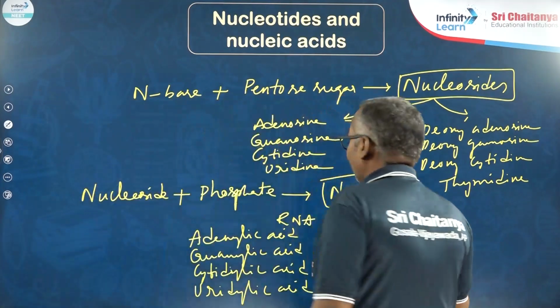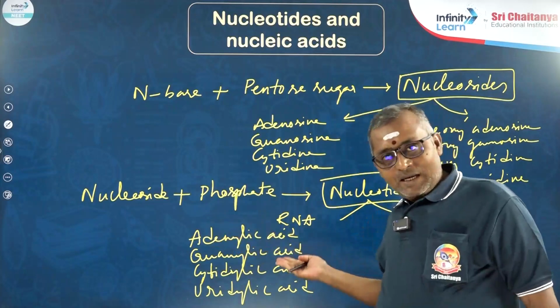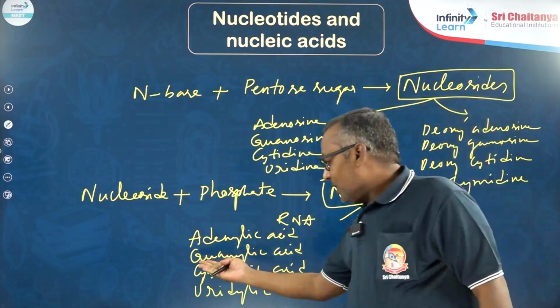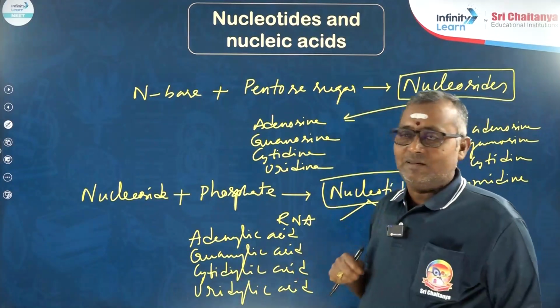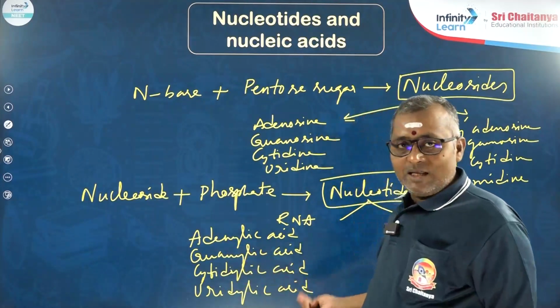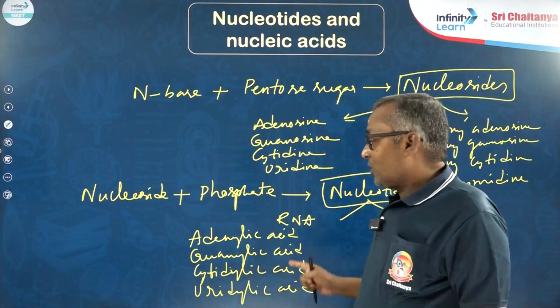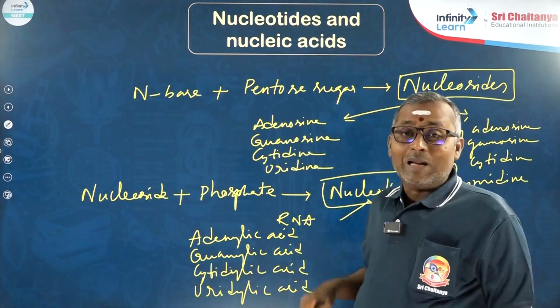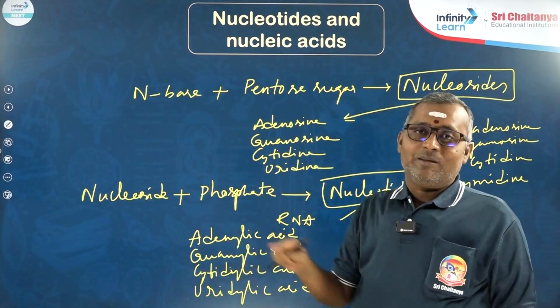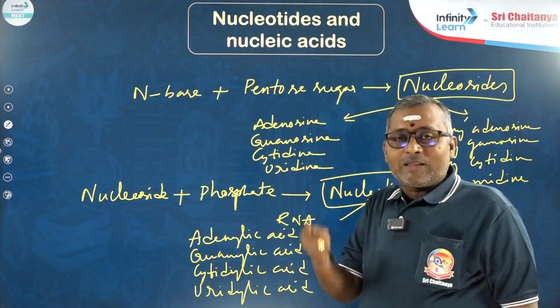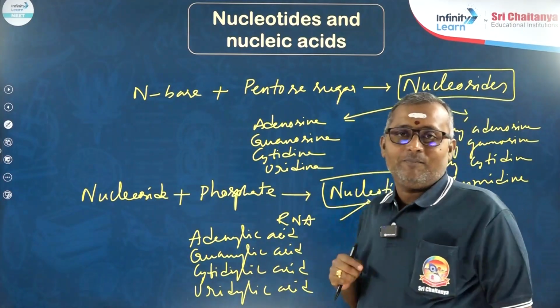Whereas nucleotides of DNA are deoxyadenylic acid, deoxyguanylic acid, deoxycytidylic acid, and thymidylic acid. There is no uracil in DNA. There is no thymine in RNA.